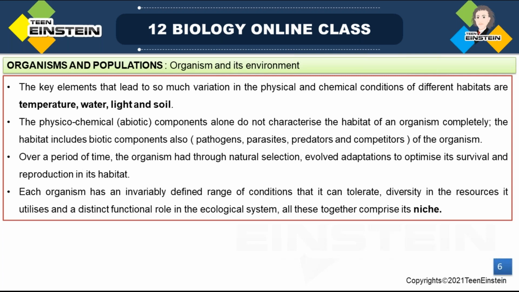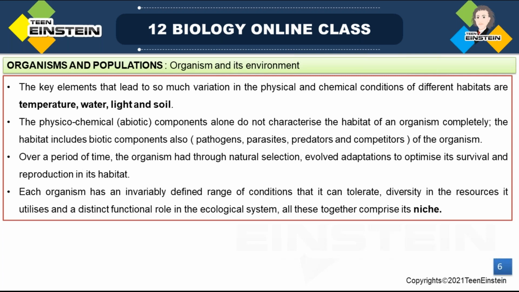Those organisms which can survive in the conditions created by abiotic and biotic components will survive. Then the survivors will reproduce and produce a population, a group of organisms which can survive under those conditions.